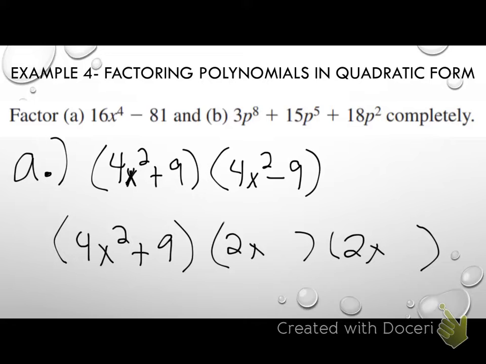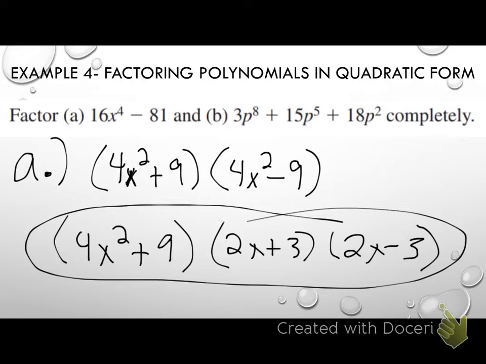What's the square root of 9? And then what are my signs? One's plus, one's minus. Does everyone see that? Yes. Once again, we want it to be in factored form, which means we want to keep factoring until we can't factor anymore. So can I factor anything else here? No, I cannot. So this would be my answer.